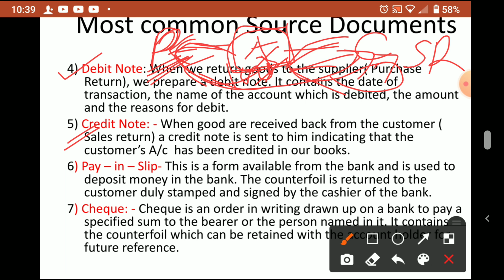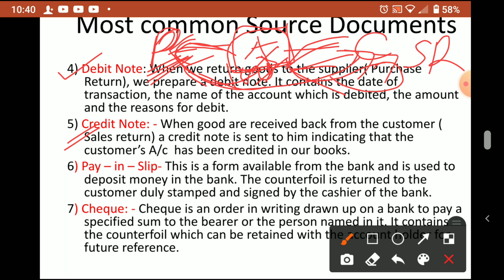For us the businessman is important, not the customer, the purchaser or the supplier. We are standing from the point of view of the businessman or trader, and then we are writing. So we prepare a note, and that note is called a credit note. So remember, debit note for purchase return, credit note for sales return.